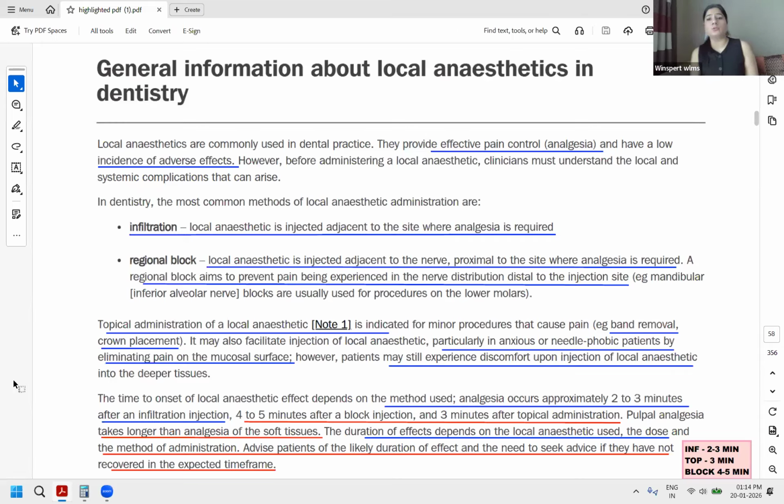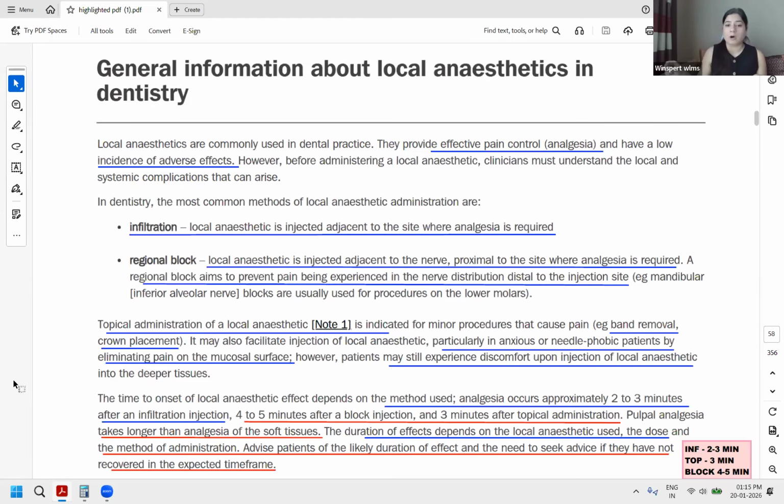So basically, there are two forms of anesthesia that you would be administering in your dental treatments. One is the infiltration technique, the other is the block technique. Infiltration is a general term used here where you're locally injecting the anesthesia at the site. It, of course, includes intraosseous infiltration and intraligamentary techniques because they are injected locally to where analgesia is required, around the tooth.